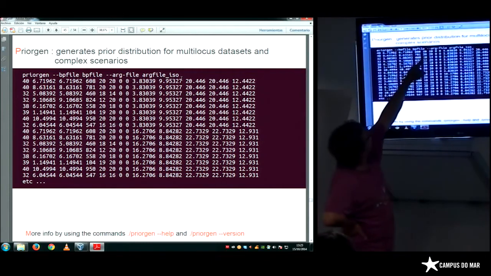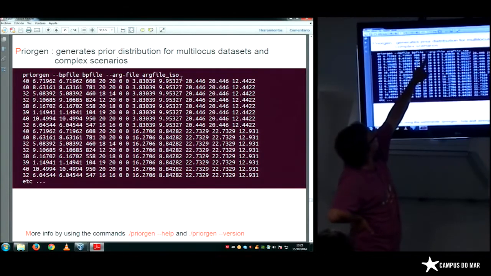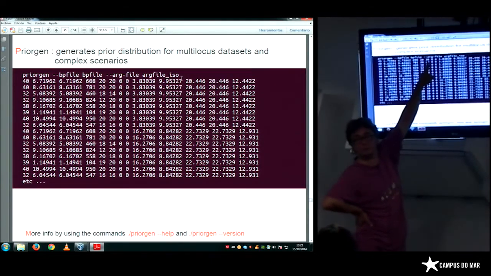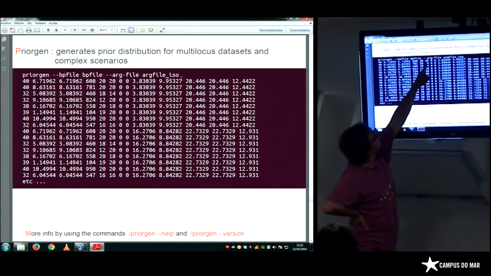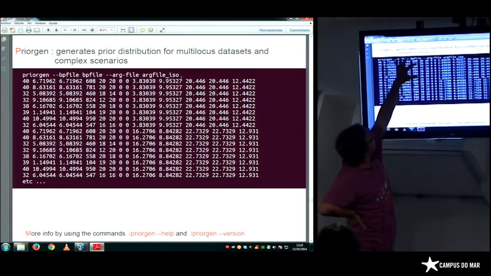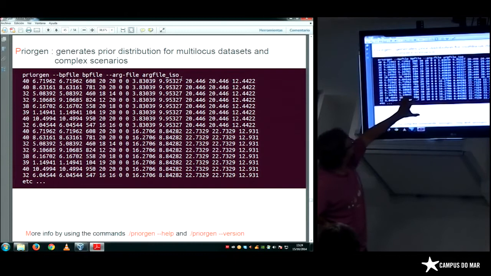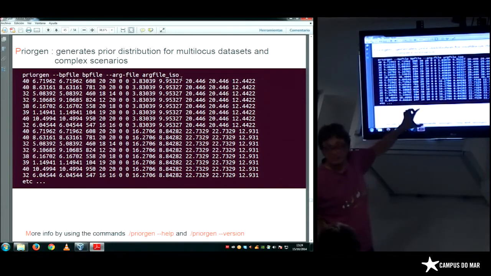And here you have the sample size in population 1 and in population 2. So 20 20 for locus 1, 20 20 for locus 2, 18 14 for locus 3. And each time this is repeated 8 times, 8 times, 8 times the number of simulations you want.